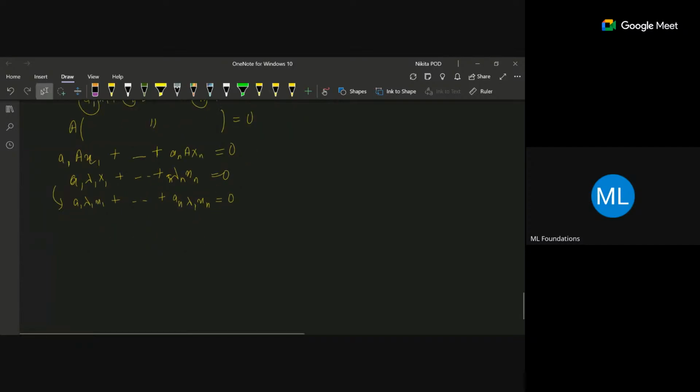The first term will get cancelled out and we will be left with a2 lambda 2 x2 minus a2 lambda 1 x2, and it will go on till an lambda n xn minus an lambda 1 xn equals 0.